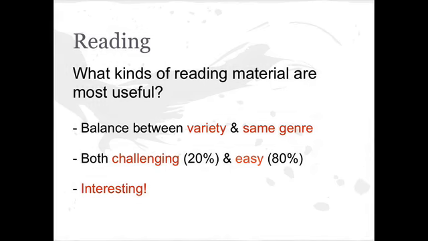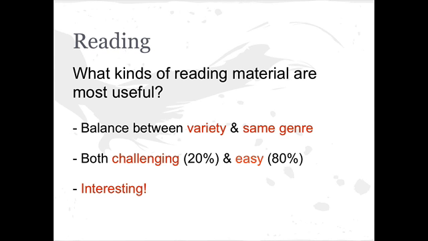One of the questions in our earlier presentation was what kinds of reading material are most useful. Again, we recommend a balance between variety and same genre. So you'll want to read different kinds of stories: adventure, romance, thriller, biographies, but also sometimes read several of the same genre.